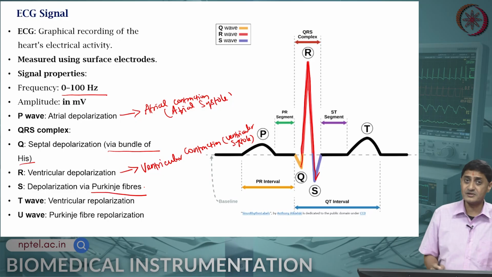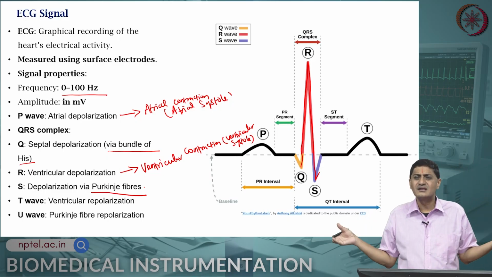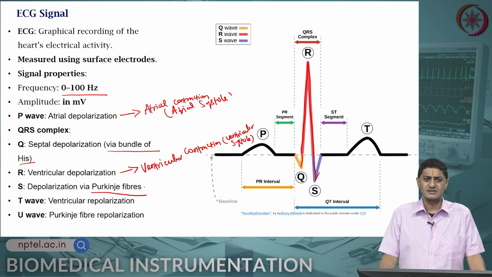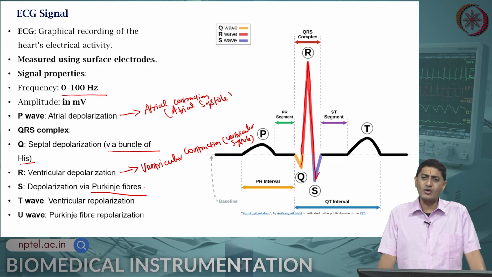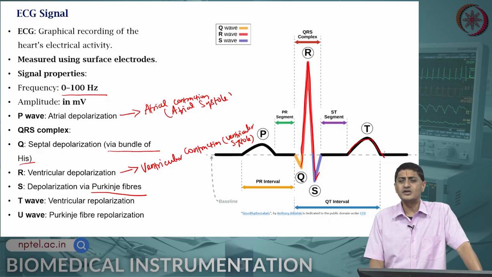The Purkinje fibers are those that are really small and innervate a large number of cardiac myocytes, right. This is followed by ventricular repolarization. Several questions emerge. Sometimes this is also followed by Purkinje fiber repolarization, another U wave that is not shown here.